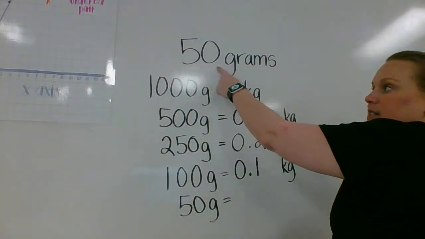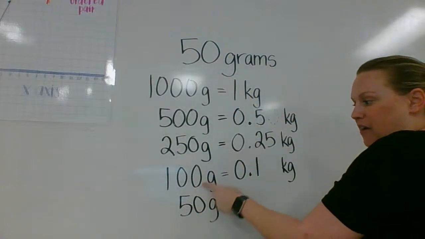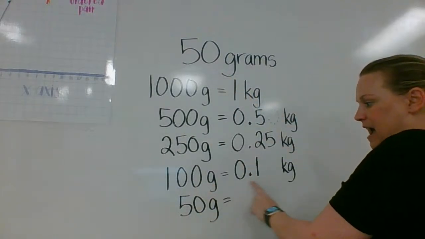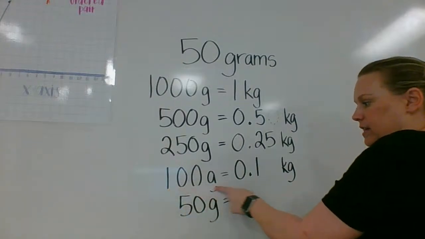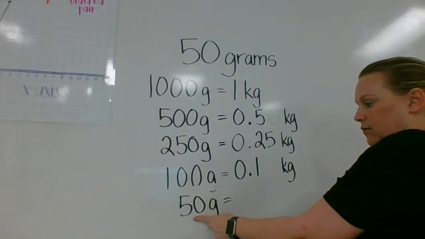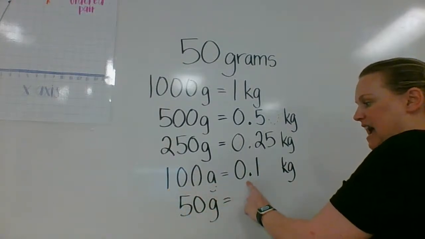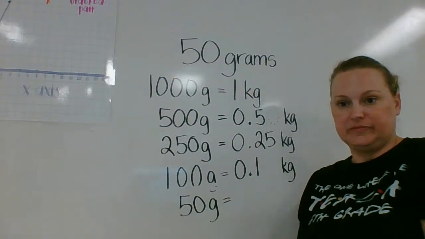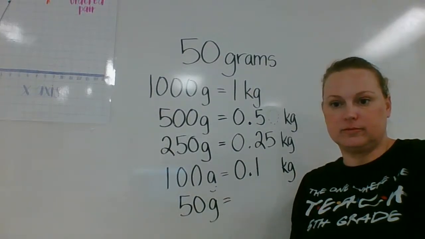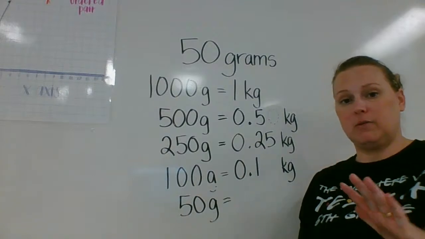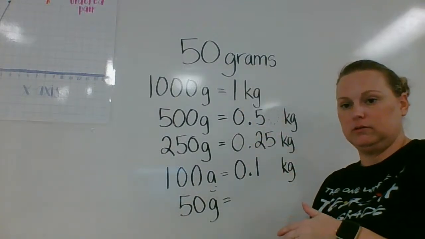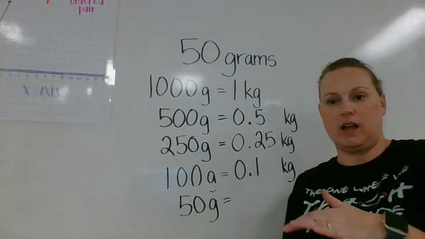And the lizard is actually 50 grams, which is half of 100 grams. So we're looking to get 1/2 of all of this. So 50 grams is going to be equal to half of 1/10 of a kilogram. Does anybody want me to do the thing where you move the decimal or want to hear it a different way?